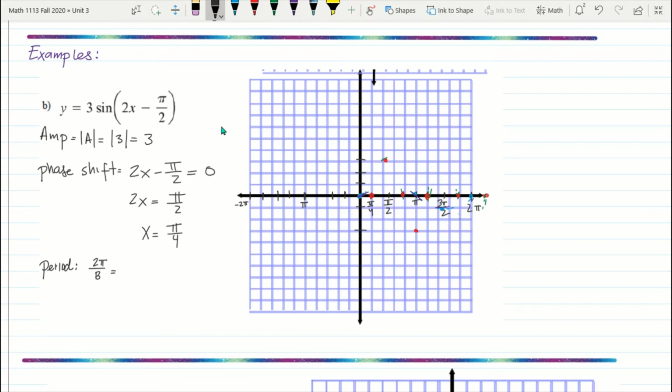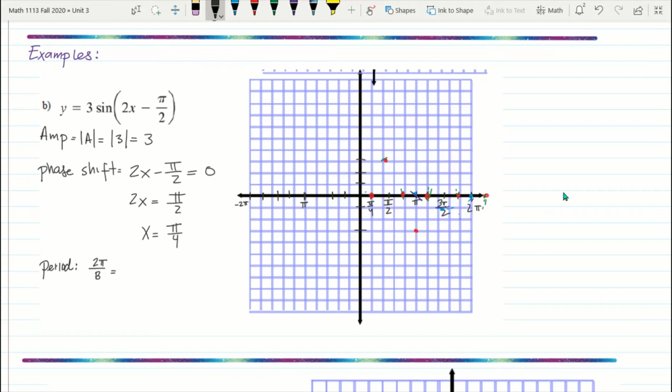Okay, so that means that the graph has been shifted to the right pi over 4 units. And if you're looking over here on the right, you already noticed that I've done some marks, because that's where I was working.